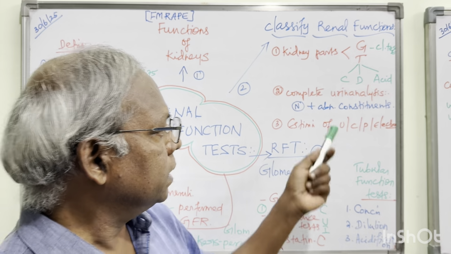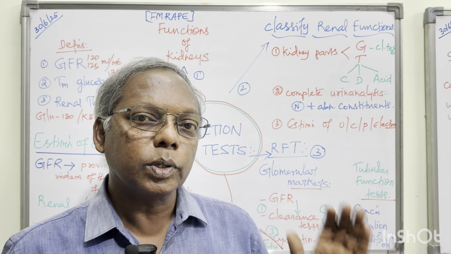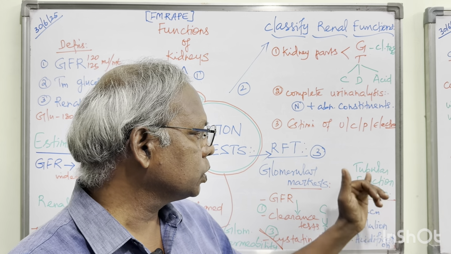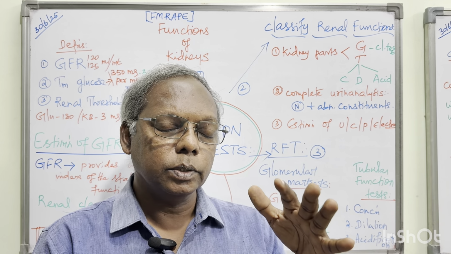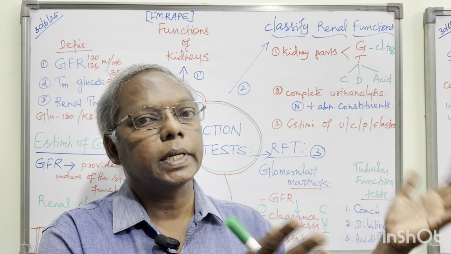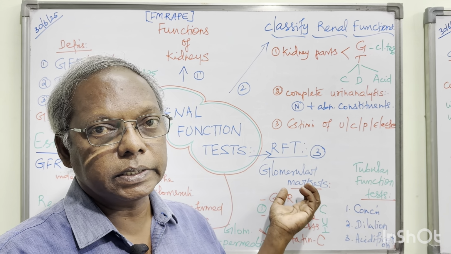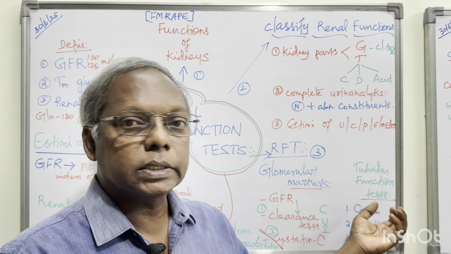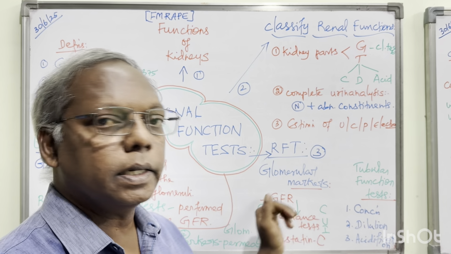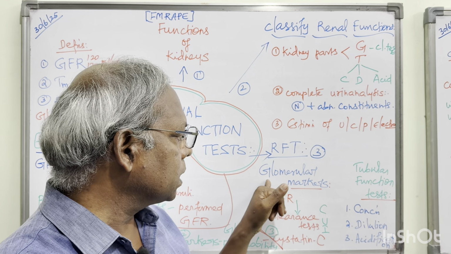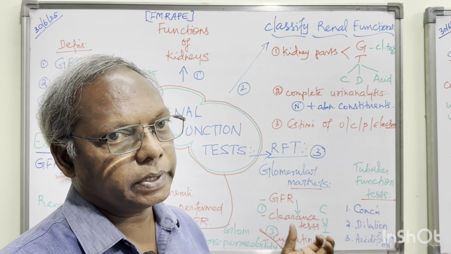In these, I am again dividing into glomerular markers and tubular function tests, because in your university examination the questions will be like this only. Markers of glomerular function and tubular function tests are sometimes asked, which is why I am dividing into these two classifications.